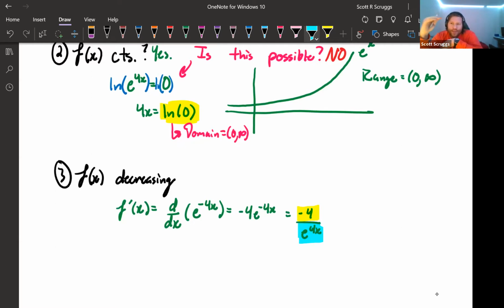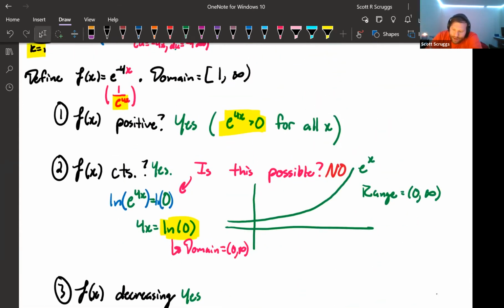Negative number always divided by a positive number always will mean I will always have a negative number for all x. So my third condition for checking if f of x is decreasing is a yes.